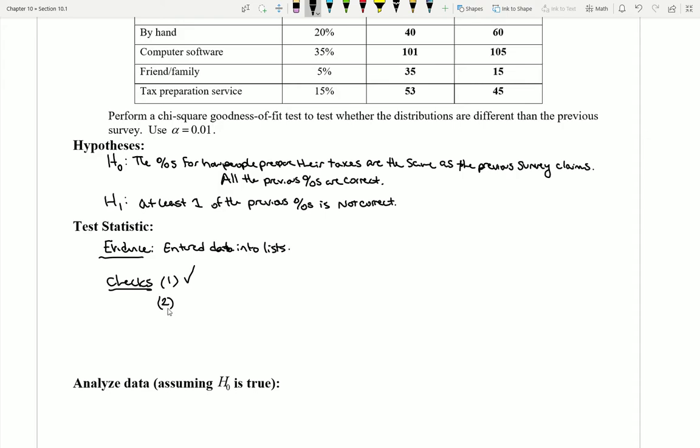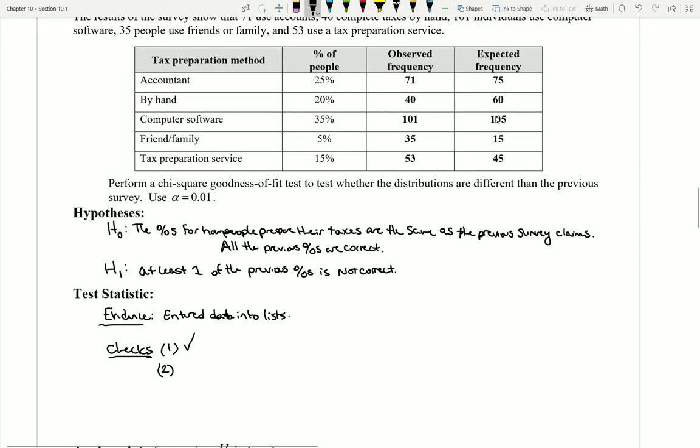For check number 2, check number 2 says all expected frequencies are greater than or equal to 1. Well, if I look at my expected frequencies, they're definitely all numbers that are bigger than or the same as 1, so I can check that off as well. Number 3 says no more than 20% of the expected frequencies are less than 5. So my question's going to be, how many of these expected frequencies are less than 5?